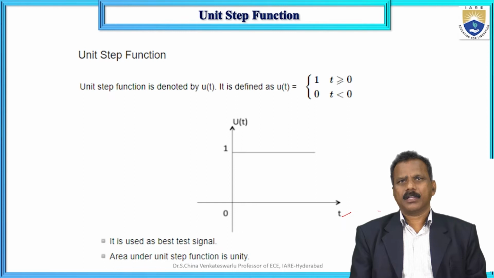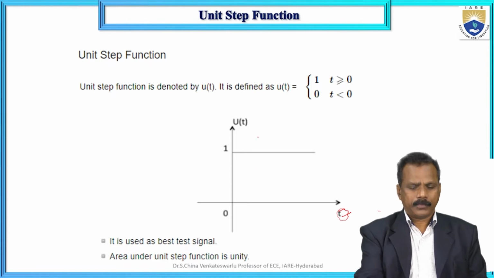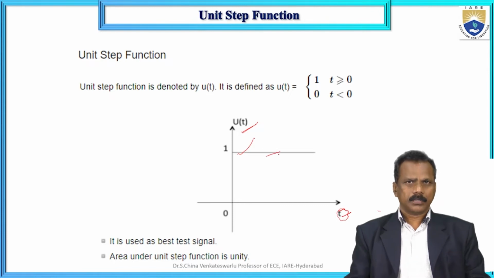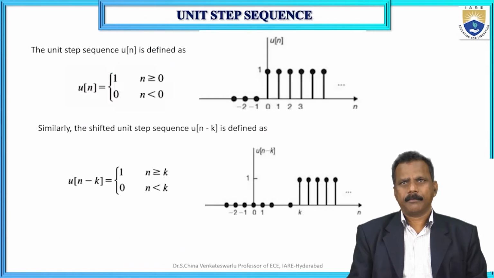The area under the unit step function is unity, as the graph of t versus u(t) shows. So the unit step function is denoted by u(t) and defined as 1 for t greater than or equal to 0, and 0 for t less than 0.